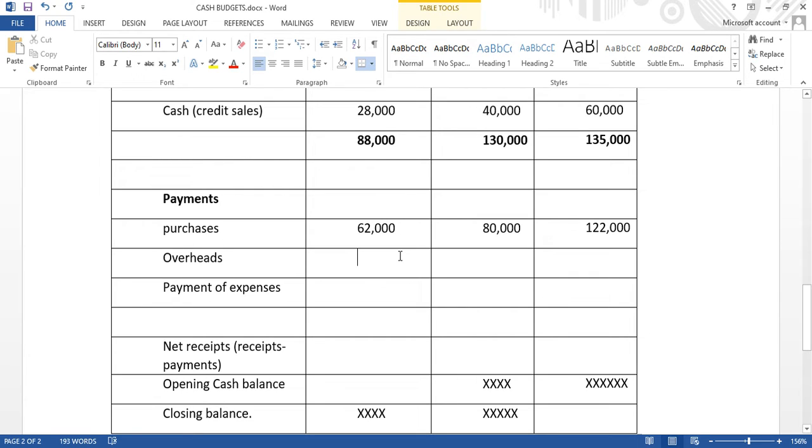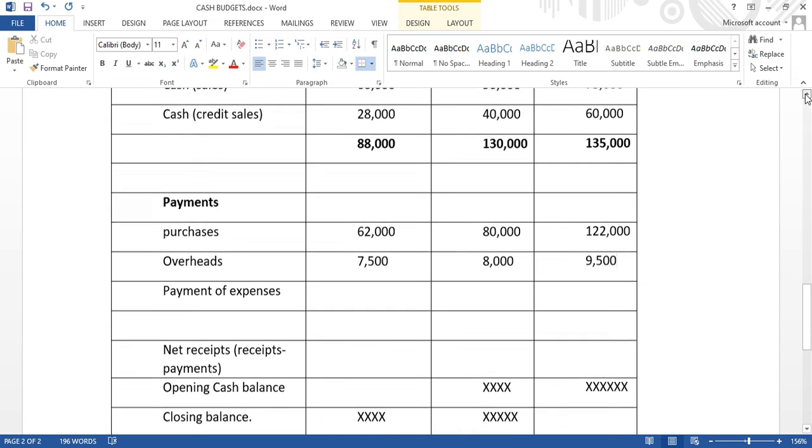We've got overheads 7,500. Here we have 8,500. Oh, this was 8,000. June 9,500.